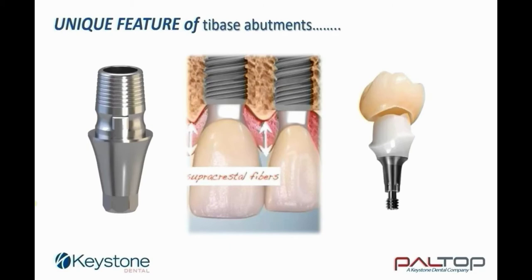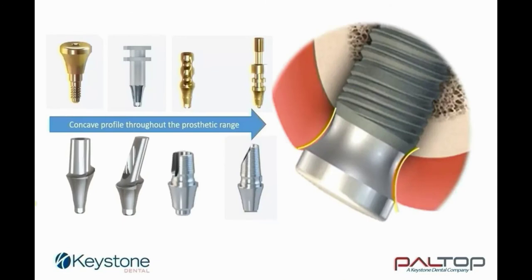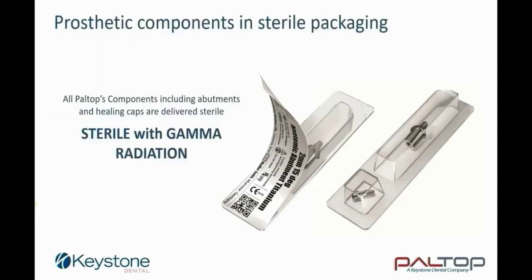This innovative design creates an optimal emergence profile. All Paltop's prosthetic components have an identical concave profile, allowing the replacement of components according to the treatment stage. Paltop goes the extra mile by ensuring that not only the implants but all the prosthetic components are delivered in sterile packaging.